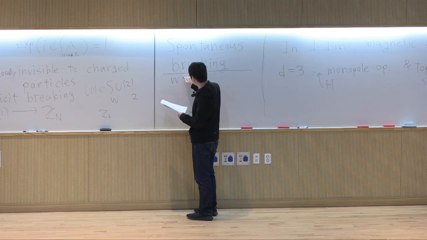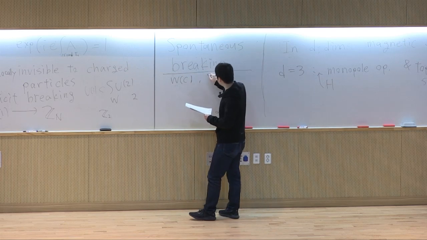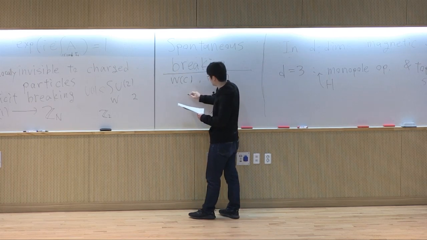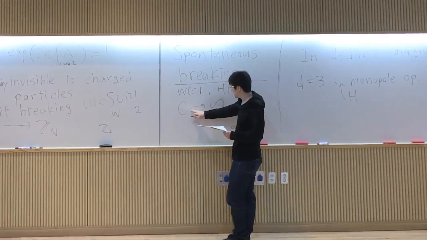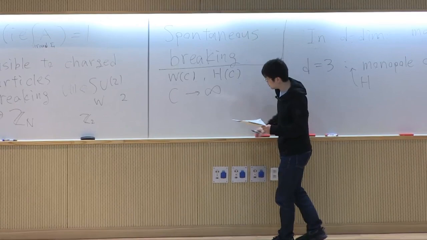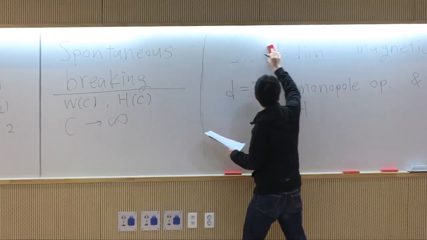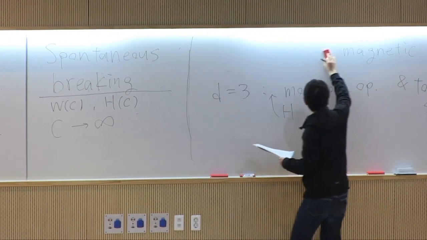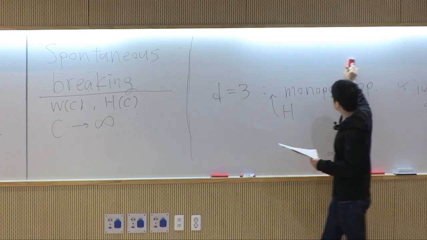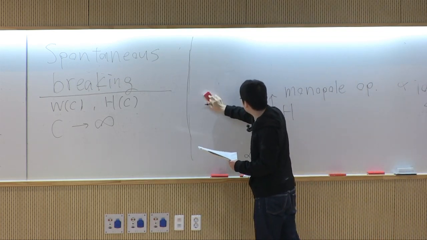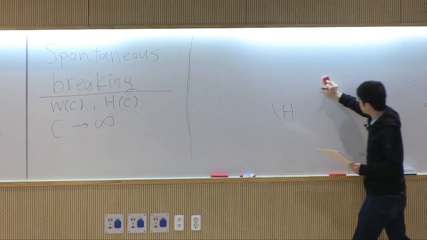So I consider this Wilson loop and 't Hooft loop in the limit in which the loop size goes to infinity. Then we can classify phases of gauge theories.